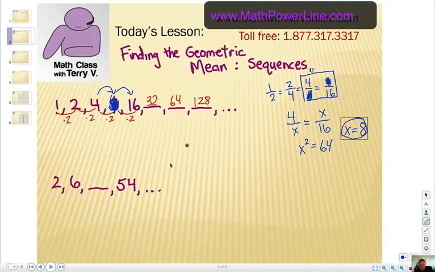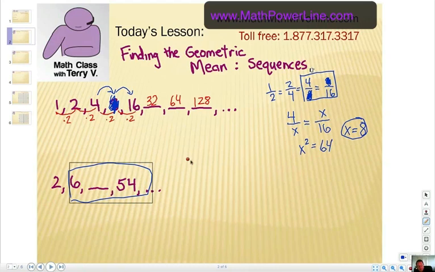All right, let's go ahead and use this idea of a proportion to find the geometric mean between the 6 and the 54. Now I do not have to know what the multiplication pattern is. However, if we first take a look at our clues, 2 times what is 6? I think it's maybe a 3 multiplication pattern. So 6 times 3 and then 3 times that number, maybe that'll give us the 54. But that's the hard way.